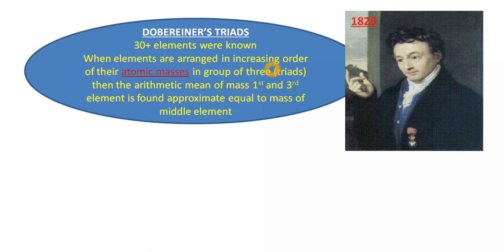Now what happens in that? See the further statement. The arithmetic mean of the first and third element is found approximately equal to the mass of the middle element.